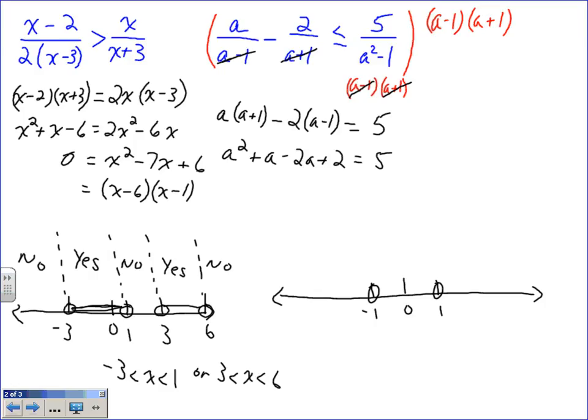All right, so we have a squared plus a minus 2a plus 2 equals 5. Combine like terms, set the equation equal to 0. I have a squared minus a minus 3. And guess what? It doesn't factor. So you have to use the quadratic formula. You get a decimal value when you use the quadratic formula. In this particular problem, I'm going to look it up.